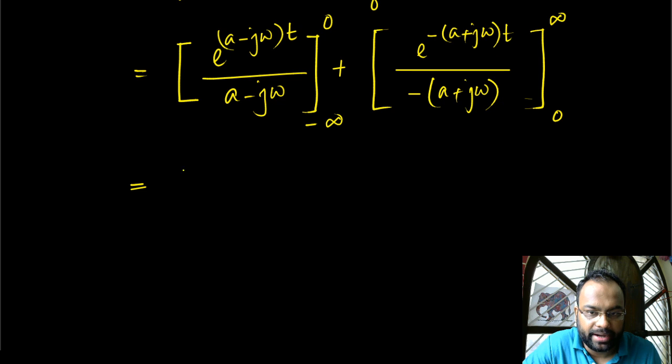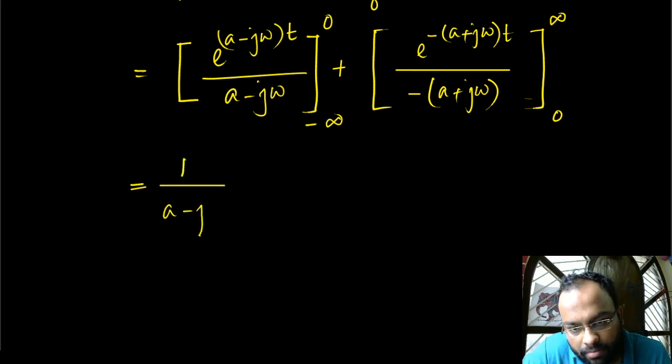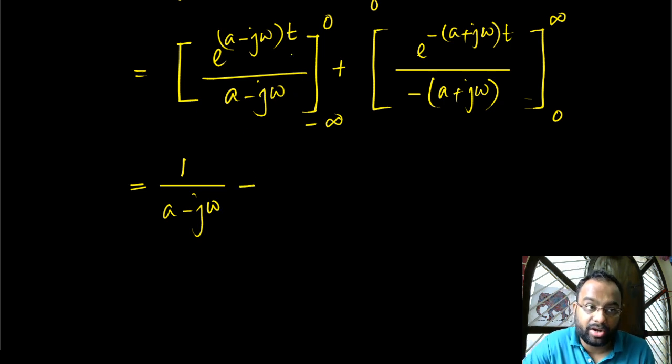Okay, right. So with that said, let's put the upper limit here. If I put the upper limit here, I have e to the power 0, that's 1, and lower limit. Now if I put minus infinity here, try to recall that a is a positive quantity, so I now have e to the power of a negative quantity, e to the power negative infinity, and e to the power minus j omega is just a sinusoid, right?